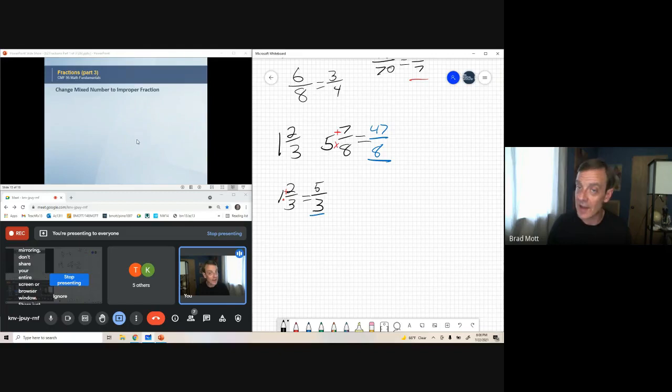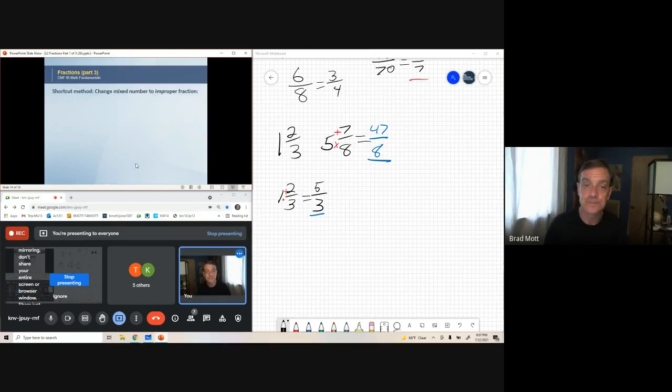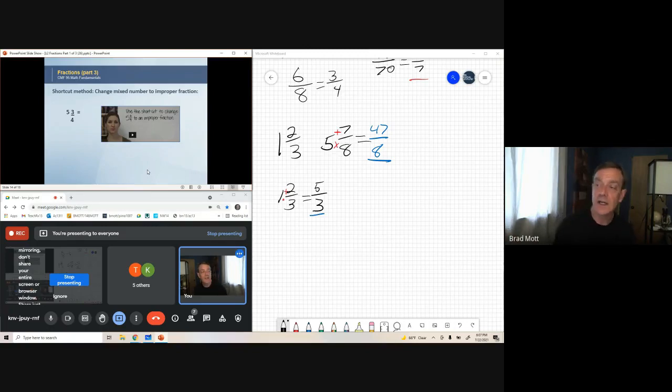And most people find that a lot easier than converting from an improper fraction back into a mixed number. But you'll get a chance to do that. It's just reversing the process we just did, okay? So there's a shortcut way to change a mixed number to an improper fraction. Multiply the denominator times the whole number, add the numerator, set that over the denominator, and simplify.